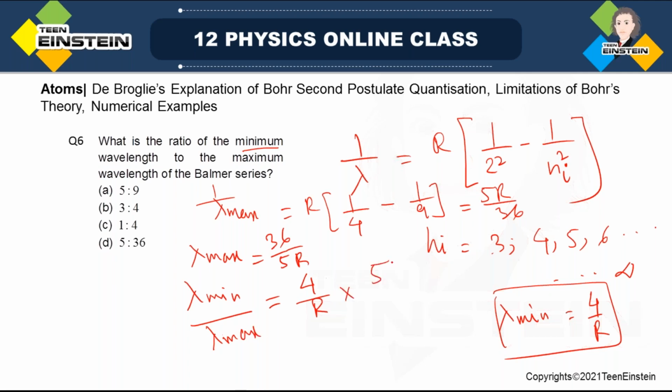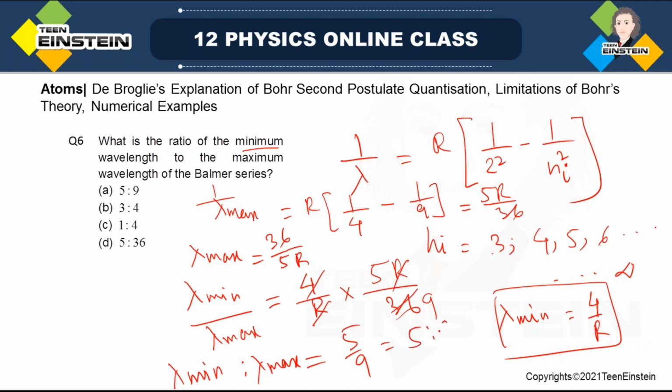R goes off, and you get 5 by 9. So lambda minimum to maximum for the Balmer series is 5 is to 9. This is how you have to solve various problems.